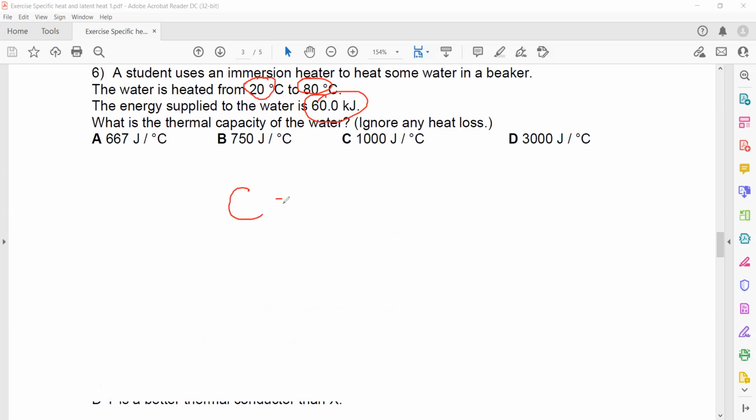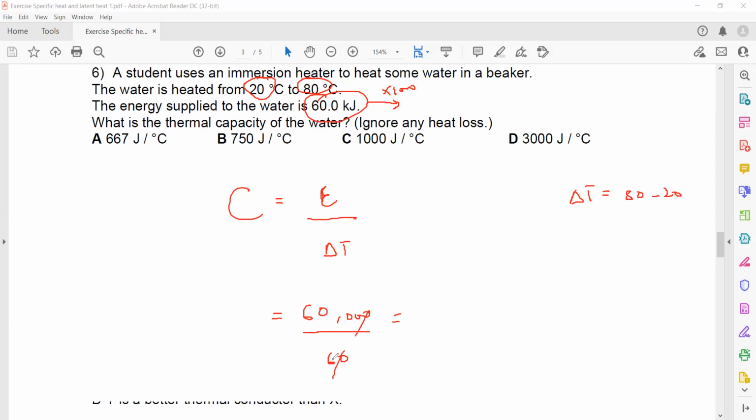The thermal capacity is energy divided by temperature change. The energy which we supply is 60 kilojoule, so we have to convert into joule by multiplying by 1000, which makes 60,000. The temperature change is 80 minus 20, that is equal to 60, because delta T is the difference in temperature, always the greater value minus the smaller.